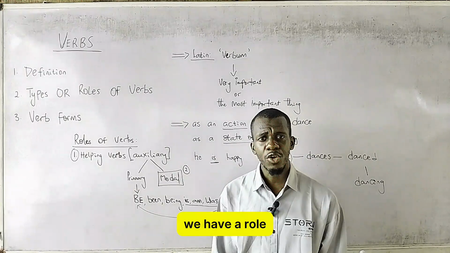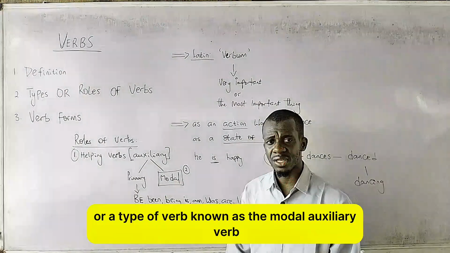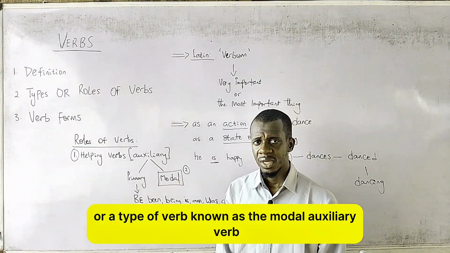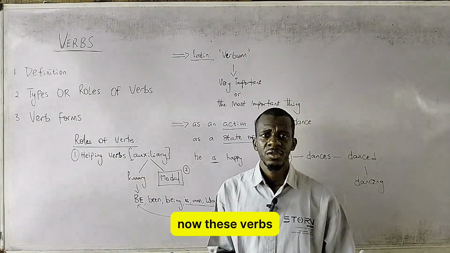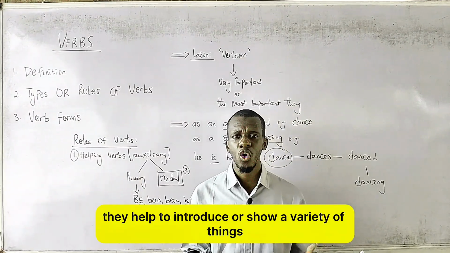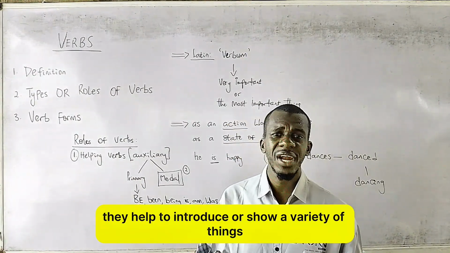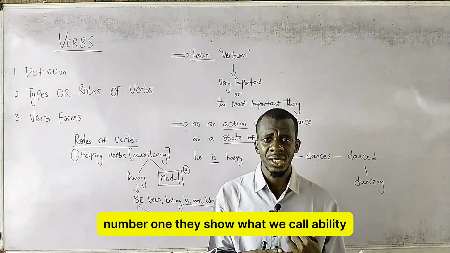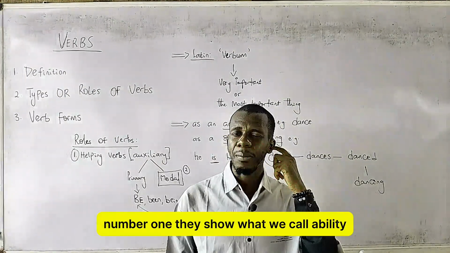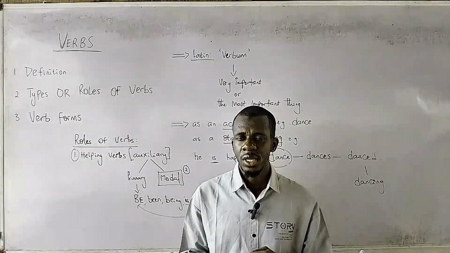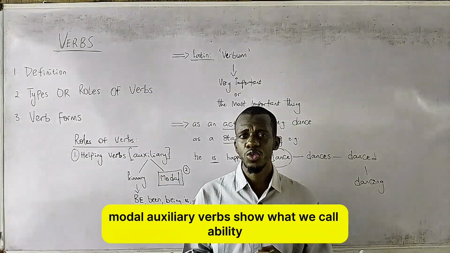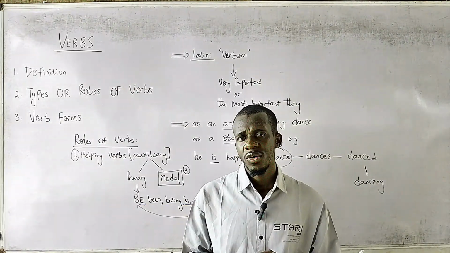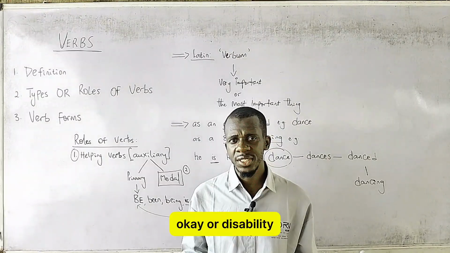We have a role or a type of verb known as the modal auxiliary verb. Now these verbs help to introduce or show a variety of things, and I'll make a list of some of these things. Number 1, they show what we call ability. Modal auxiliary verbs show what we call ability, okay, or disability.